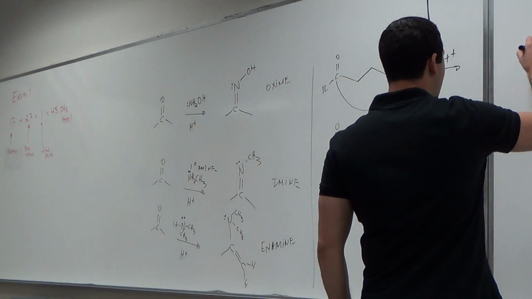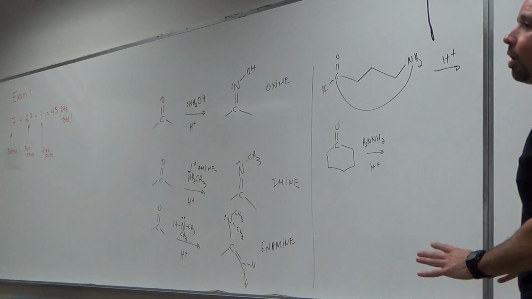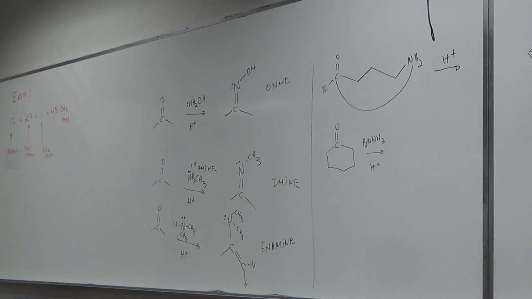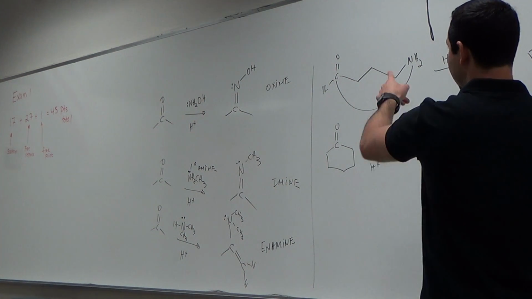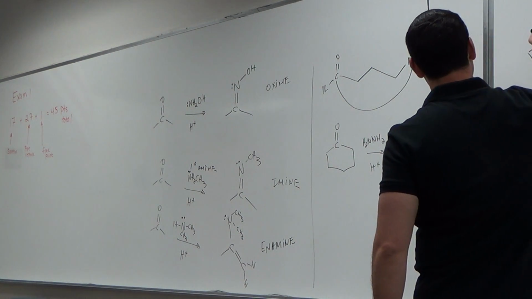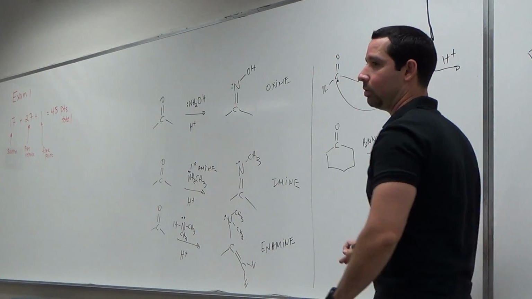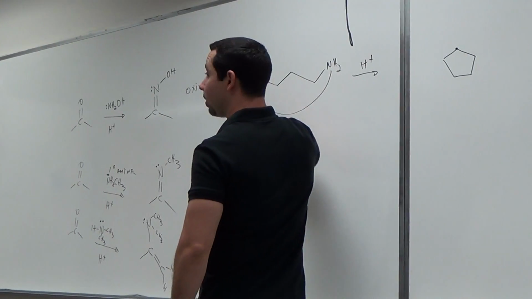So I am going to draw a 5-member ring without caring where things go. Let's say that the carbonyl was here. Some of you will think it's a radical.